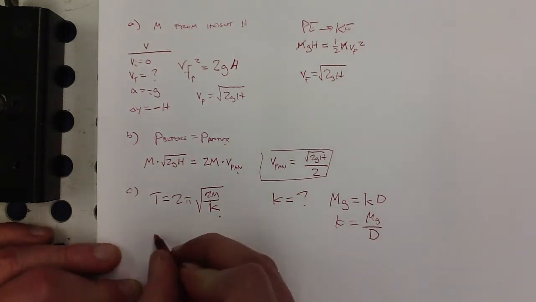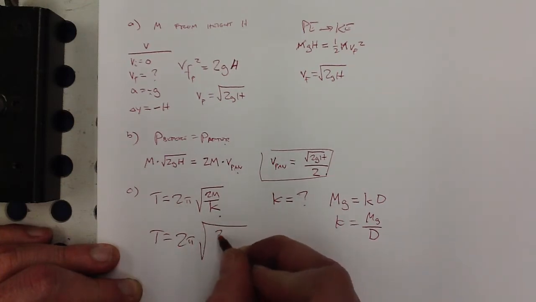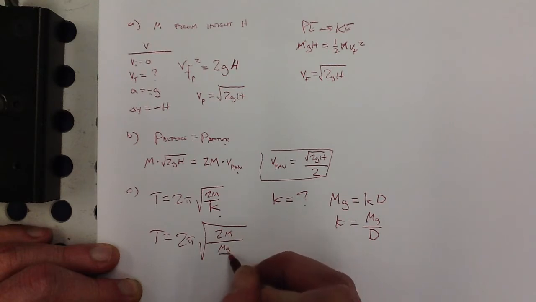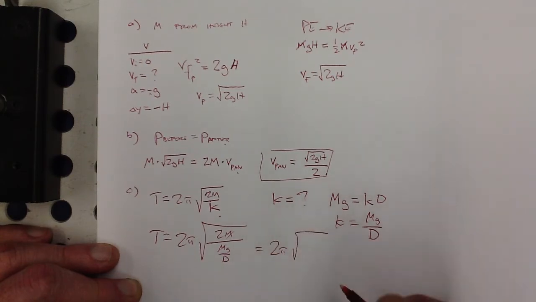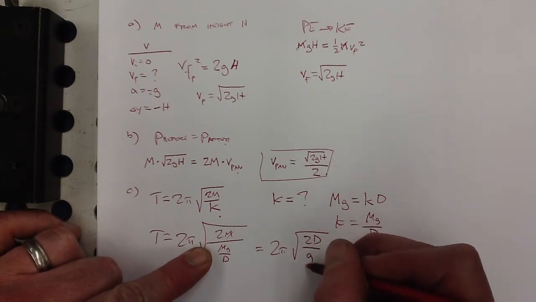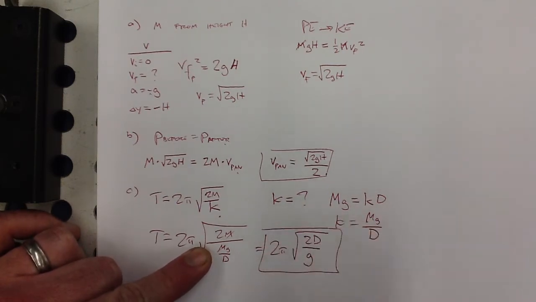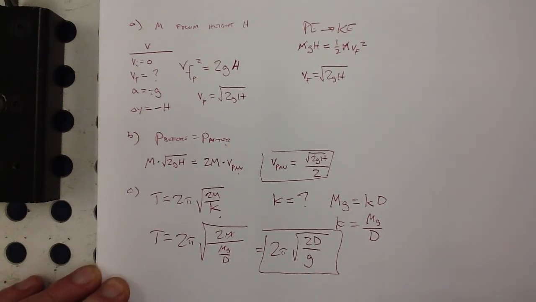Plugging that in here, T is equal to 2 pi times the square root of 2m over mg over d. So that gives me 2 pi times the square root of 2d over g. There's the period. All right.